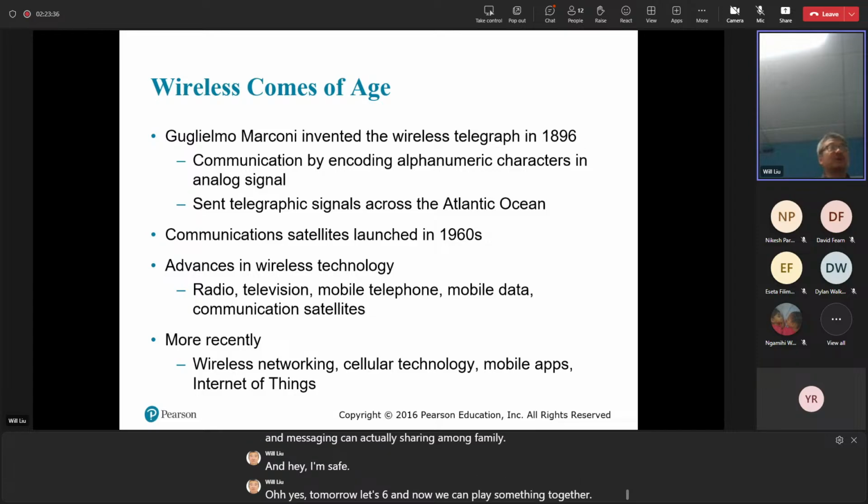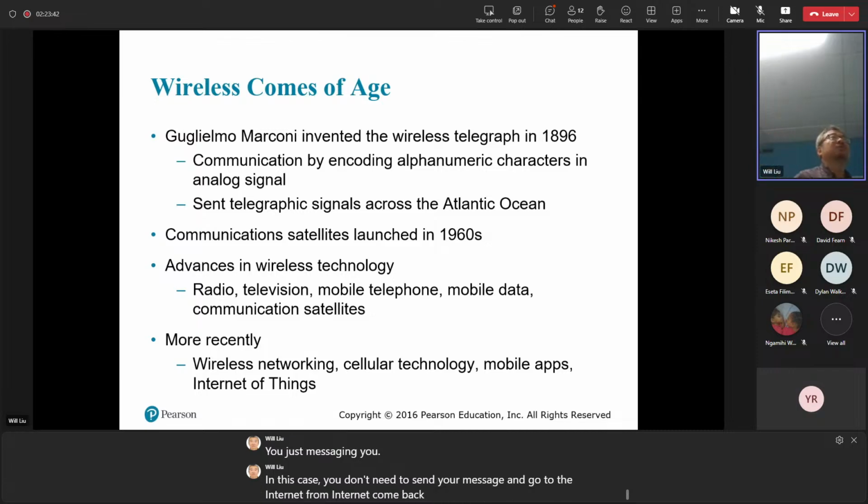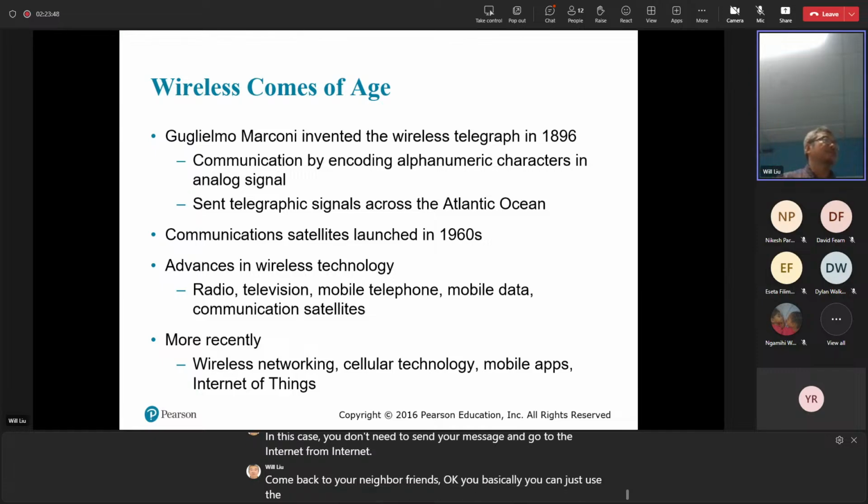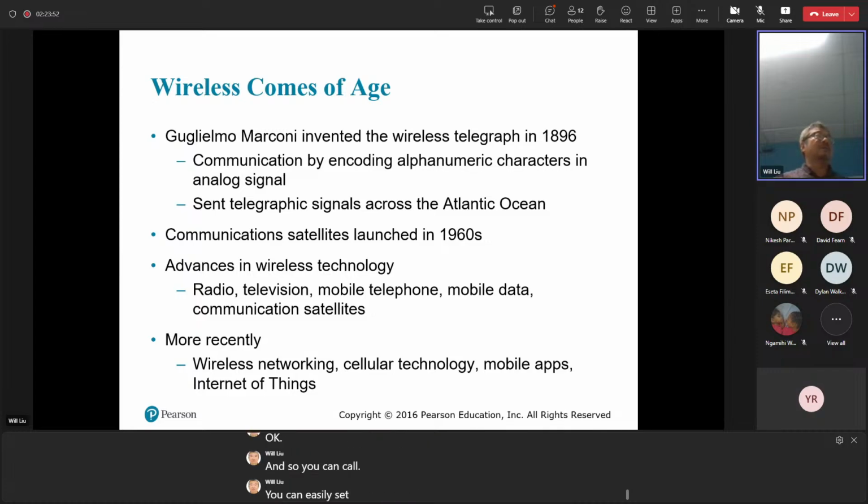It's just messaging. In this case, you don't need to send your message to the internet and have it come back to your neighboring friends. You can just use peer-to-peer. And you can easily set up a client-server. Your car can be the server, and other people can connect to it. So this is all the most advanced wireless we can use.